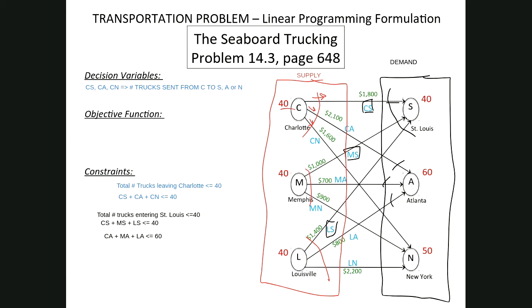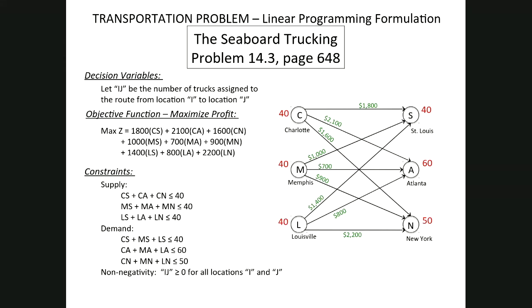All right. So here's the next slide, the complete formulation. And I want you to notice this technique where I've used a shorthand. I've used 2 index variables, I and J, and those letters I and J represent each one of our locations.